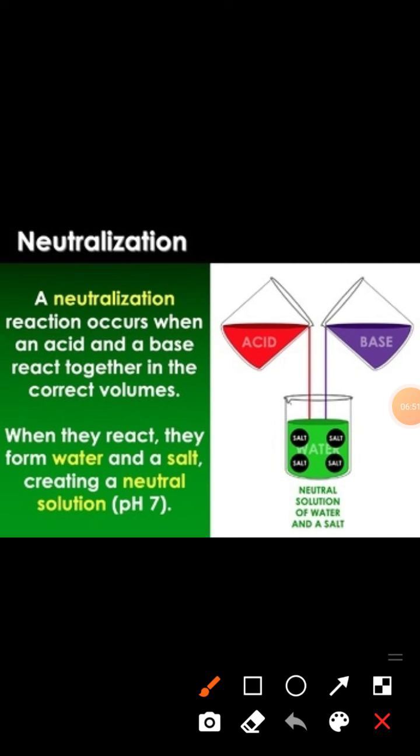Acid and base react together in the correct volumes, and when they react they form water and salt, creating a neutral solution, that is pH 7. So this is the neutralization reaction of acids and bases.